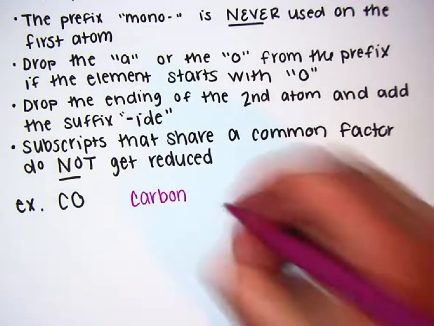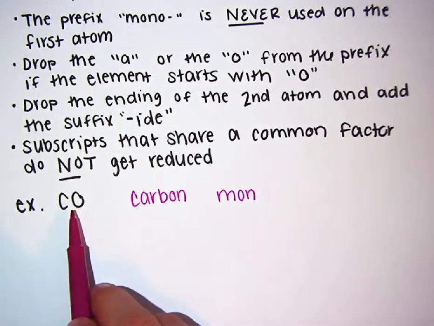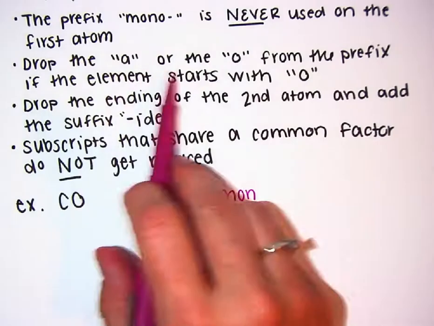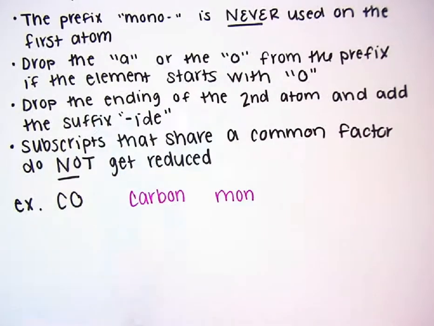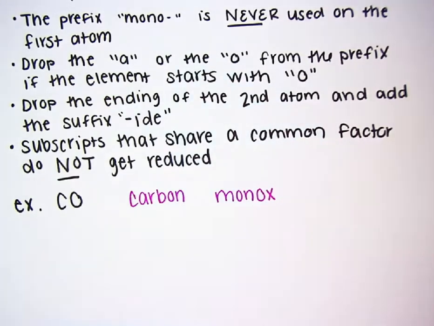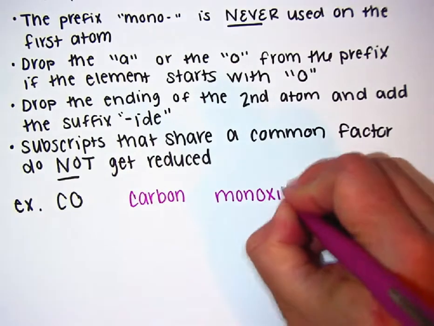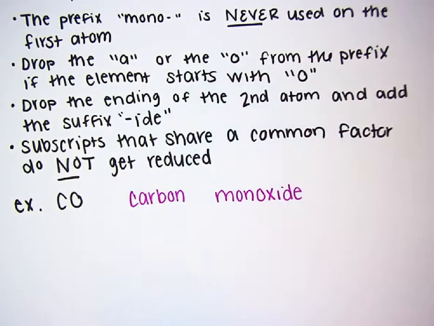So I have one oxygen. Oxygen starts with O. So I'm going to drop the O from mono. Then I'm going to drop the ending of oxygen and add IDE. So this is carbon monoxide. And again, we drop that O from mono because we don't want that double O. Carbon monoxide.